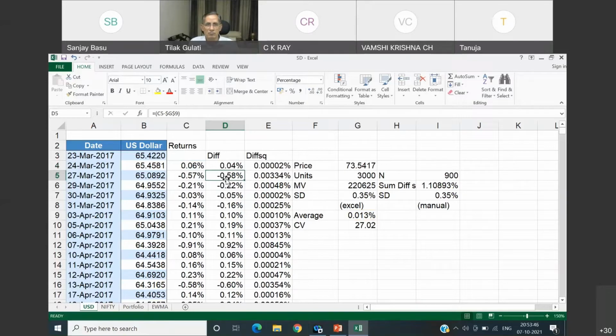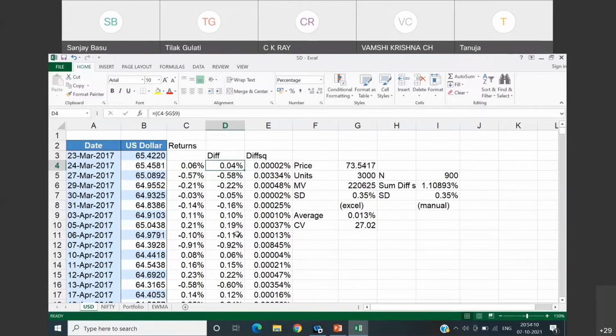The overall deviation from the mean may be very close to 0. So it may appear that the overall fluctuation is very limited because a positive deviation from the average return cancelled out the negative deviation, right?